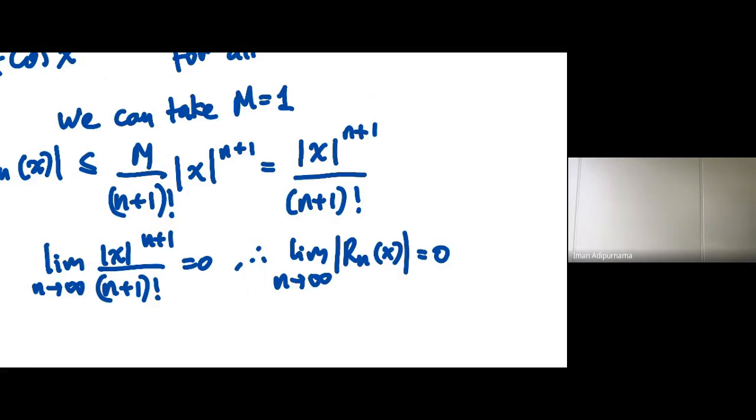Let's say the important ones: x to the n, e to the x, sine x, cosine x, tangent inverse, ln. All those functions are proven to have this Rn equals 0.